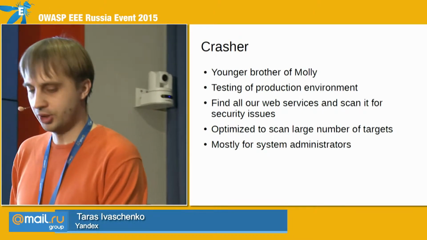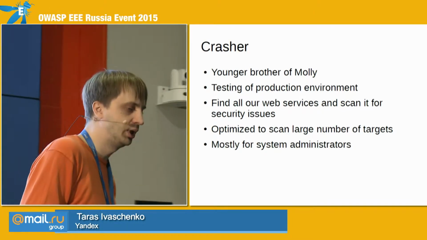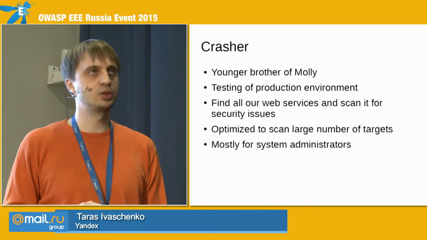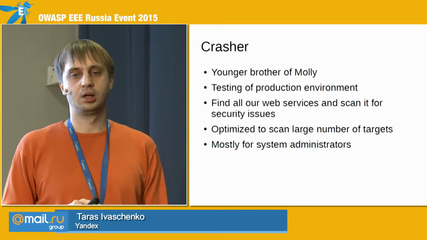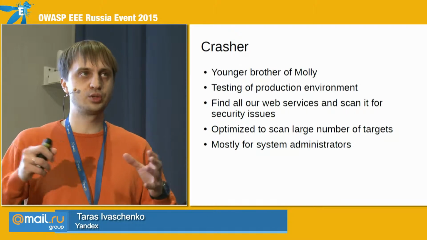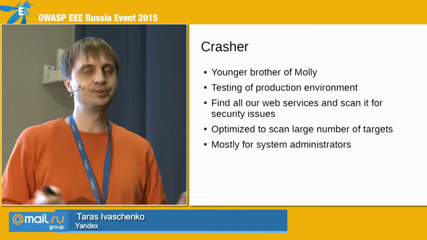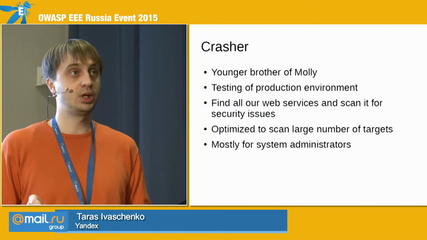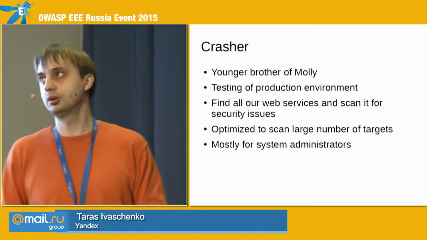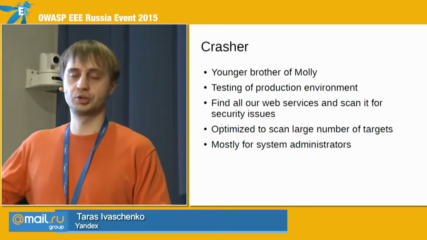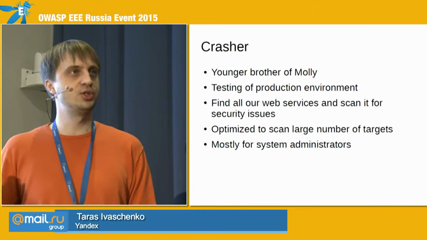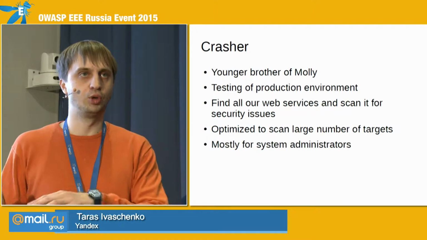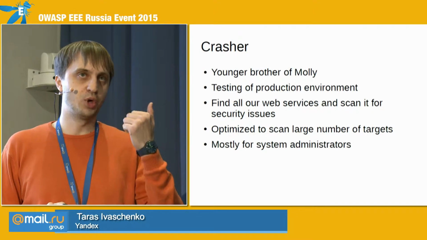Crusher. Crusher is a younger brother of Molly, and its main aim is to test the production environment. In a nutshell, it tries to find all our web services and scan them for web application security issues, and notify us and system administrators about it. The main difference between Molly and Crusher is purpose.